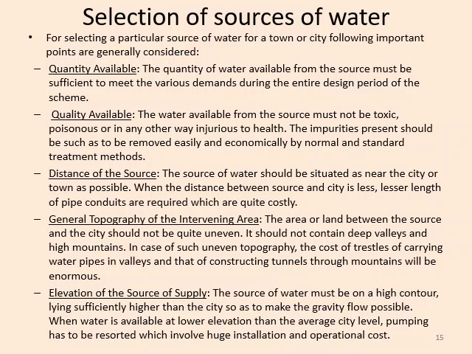Next point is elevation of source of supply. The source of supply must be on a higher level, lying sufficiently higher than the city level, so that by natural gravitational flow the water flows down to the city.